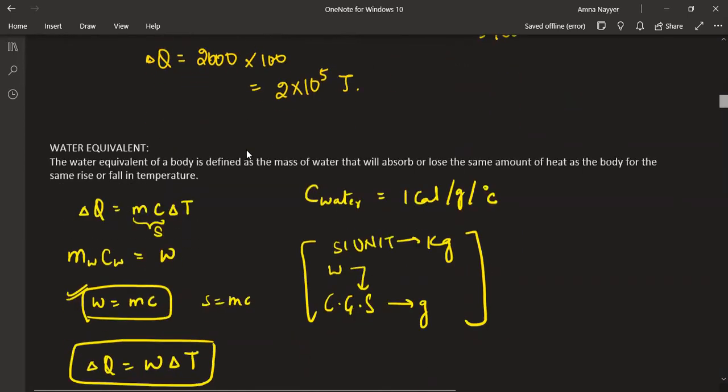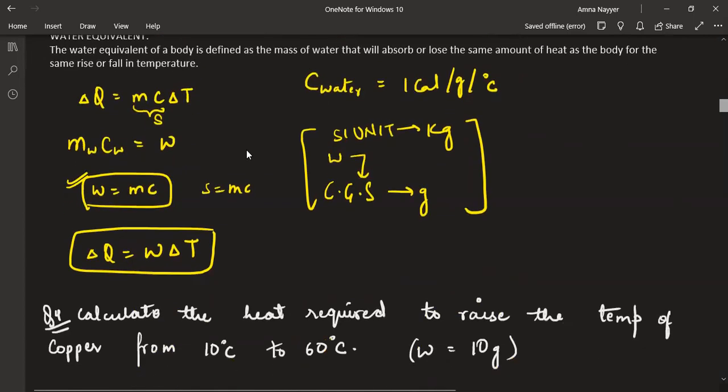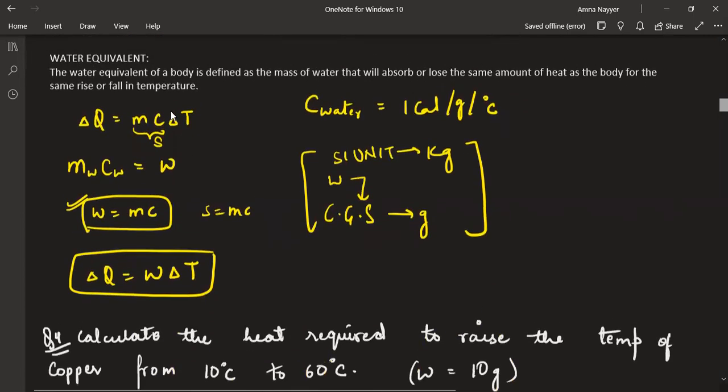See here, now the similar term we have, the way we had specific heat capacity for water as 4200. Same thing, thermal heat capacity also we have for water. Right? Delta Q is equal to MC delta T. So now M into C, this is just for water, mass of water into specific heat capacity of water.